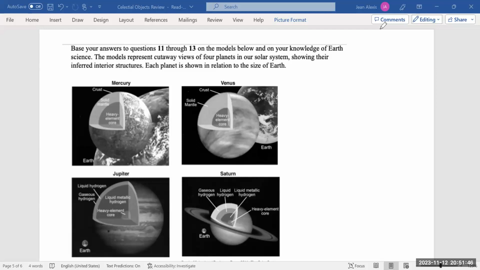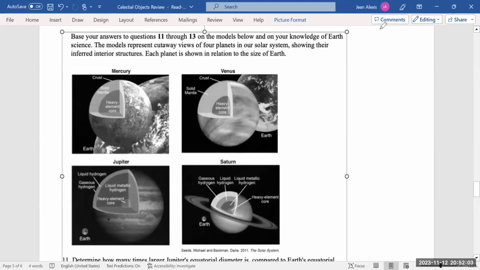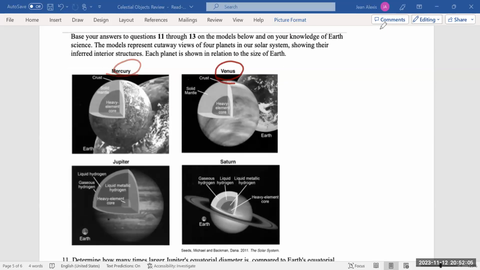The models represent cutaway views of 4 planets in our solar system, showing their inferred interior structure. Each planet is shown in relation to the size of Earth. Okay. So we have Mercury, Venus, we have Earth, right? Earth is everywhere. And we have Jupiter and Saturn.